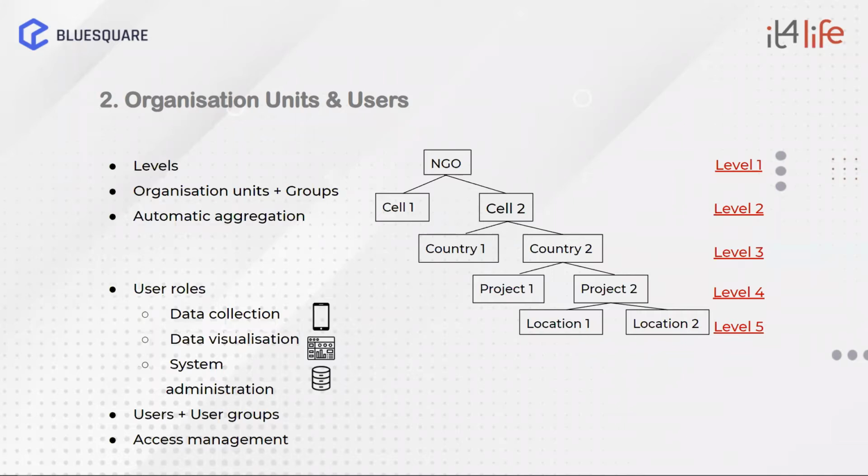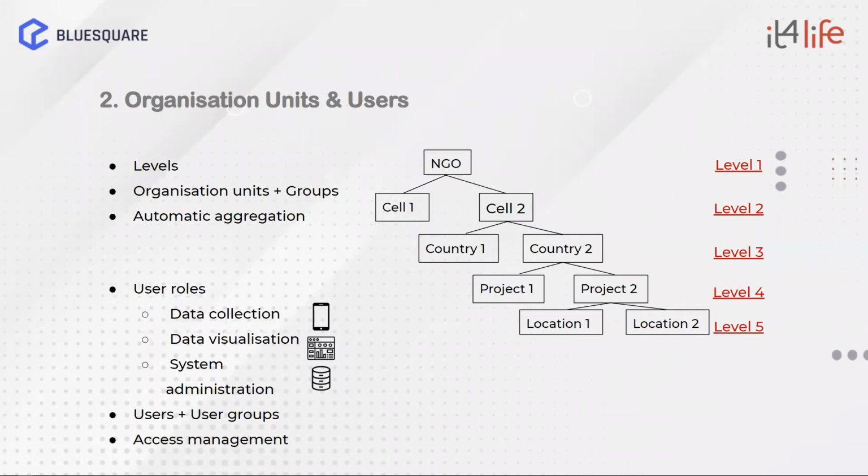So I have people who will be in charge of only data collection in the field. I have people who will analyze the data, who will be able to modify the data, will be able to create dashboards, maps. And I will have one or a few persons who will be in charge of the administration of the system.